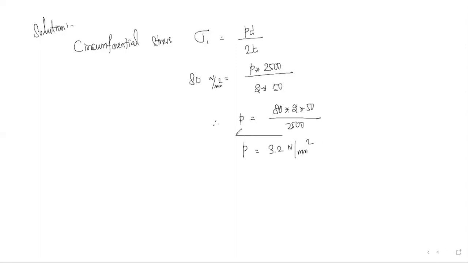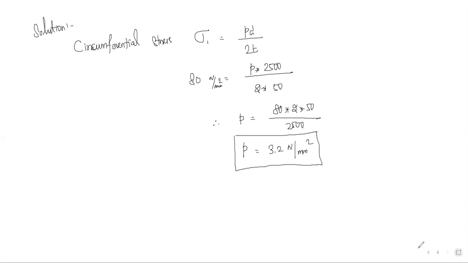So this is the formula related to tensile stress. If the tensile stress is to be satisfied, then the pressure of the gas is 3.2 Newton per mm squared for the given container.